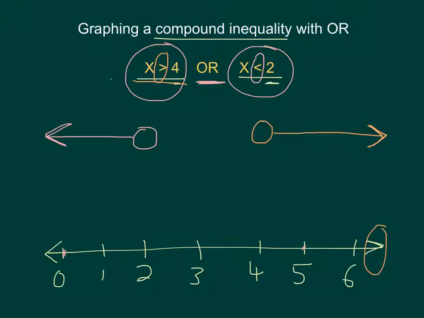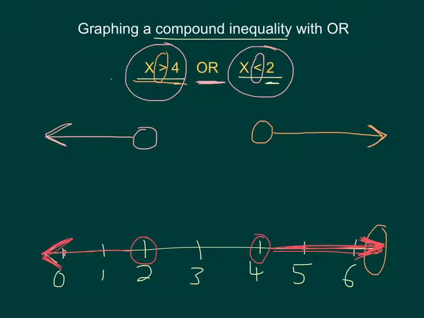So if I look at the arrows that I have already, anything that matches either one of my arrows is going to be true. So I can take my circle here, go straight down, and that's going to be true. I can take my circle here and go up, and that's going to be true.